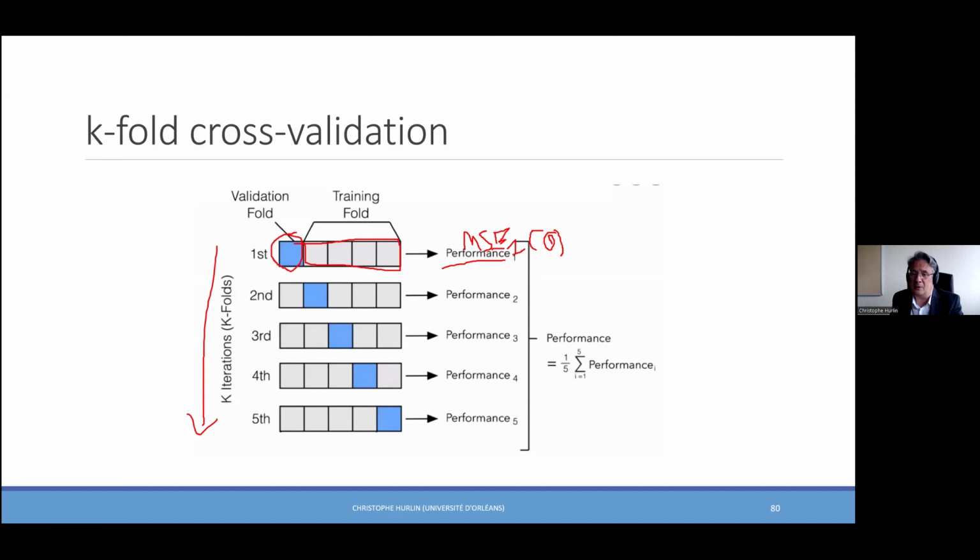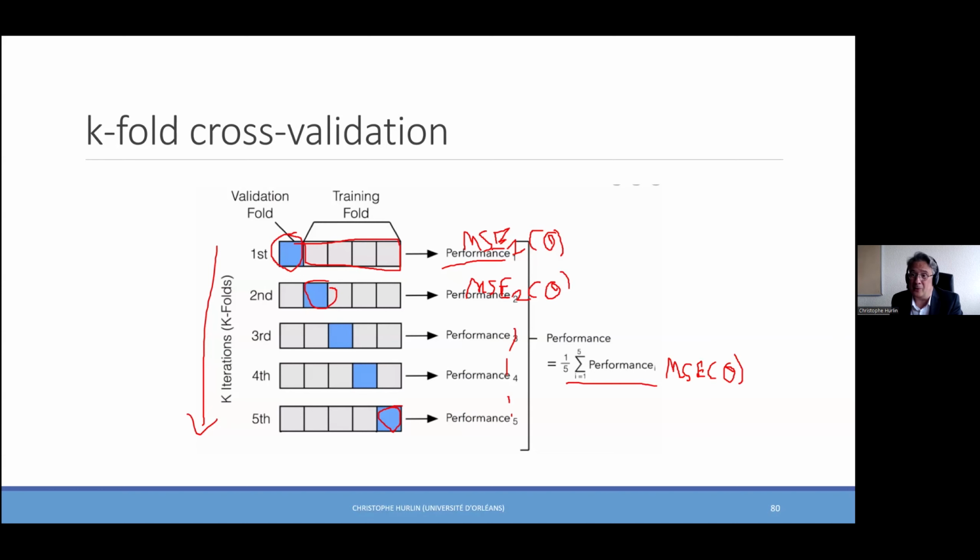Then I consider the second fold as a validation sample, I use the others to train the model, and I have my MSE2 of theta, etc. Given this procedure, all the data is considered as validation, and all the data is also considered in the training sample. Then I compute an average performance, for instance the average MSE obtained over the 5 folds.